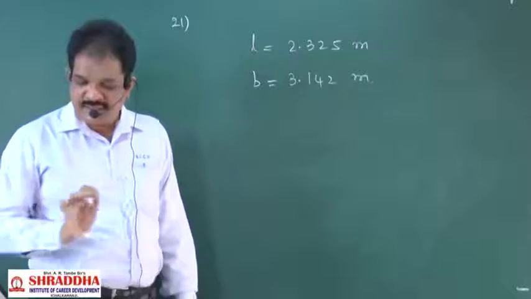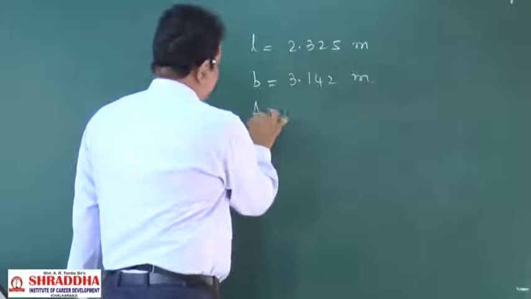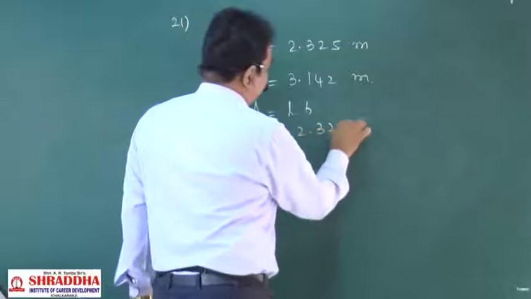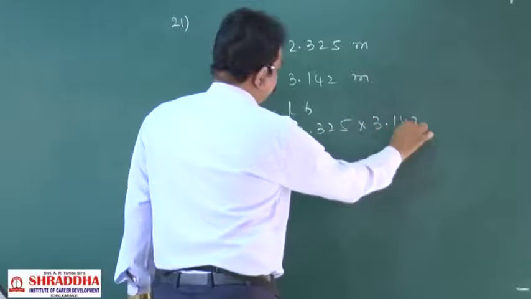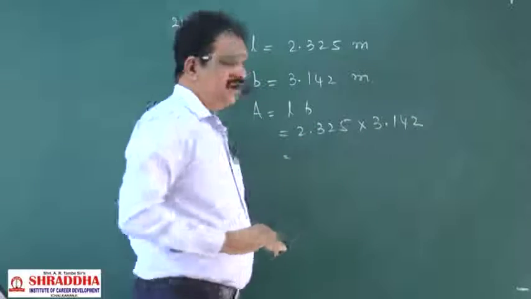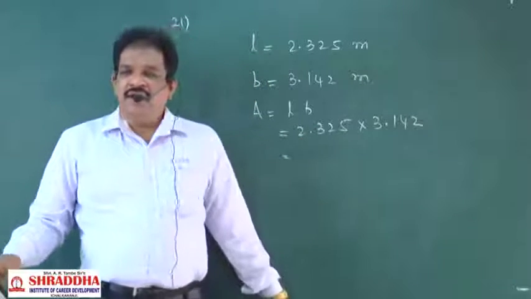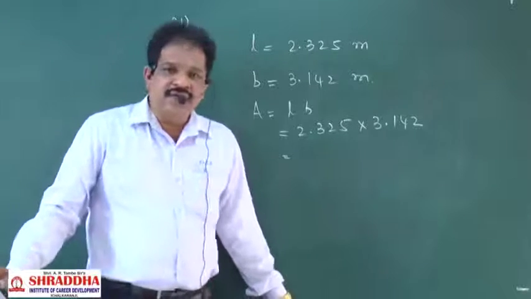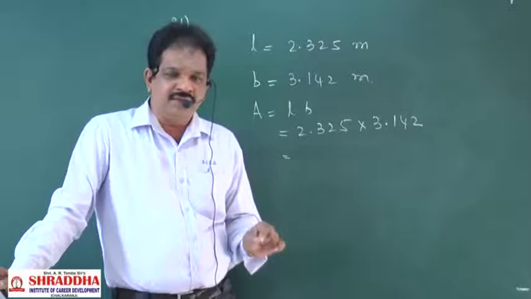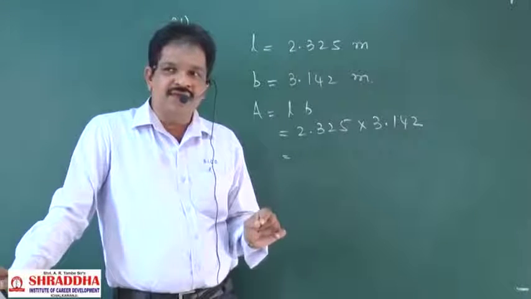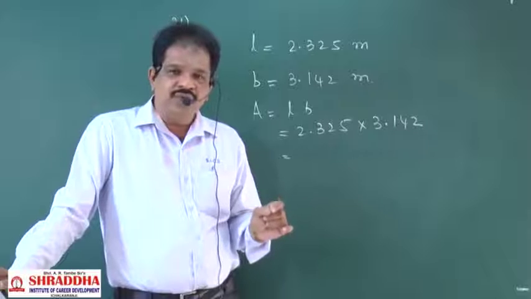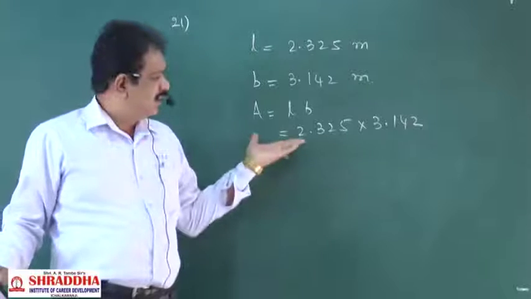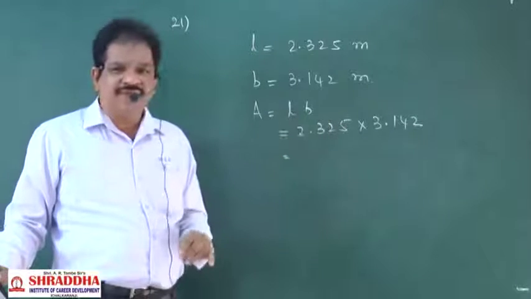They are asking area. So simple logic: 2.325 into 3.142. The final answer will also be in accordance with the significant figures, remember. Otherwise no logic will be there in the question.